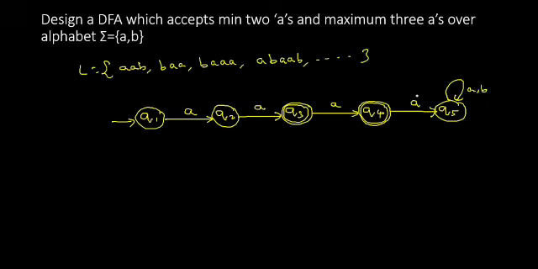There are no restrictions for B here, so B can occur any number of times in every state. So that is the mechanism of designing a DFA for this specific pattern.